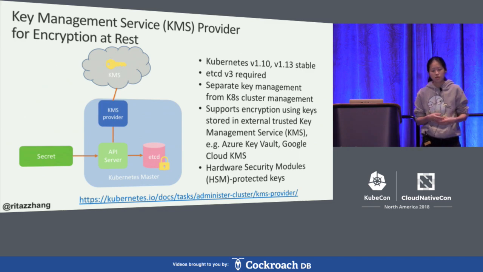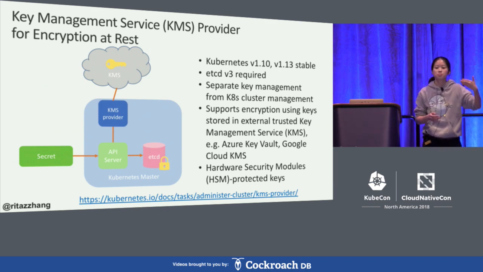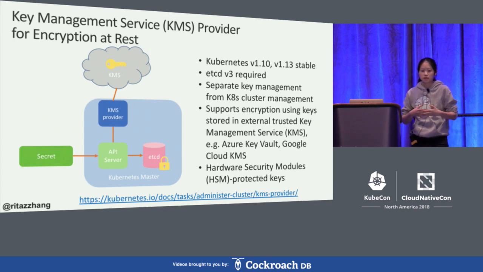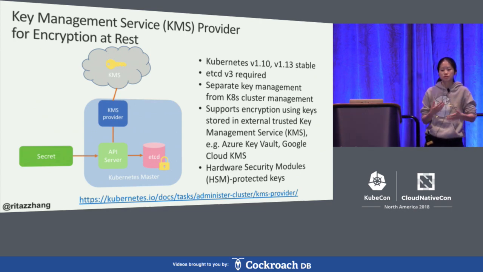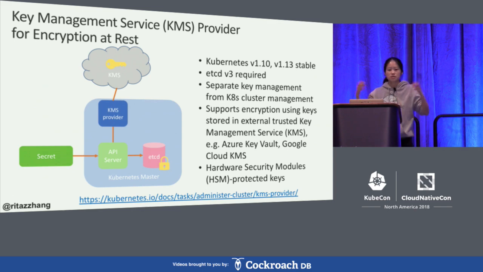So once again, when you create a secret, the API server delegates the encryption process to the KMS provider that you can deploy onto your master nodes. The KMS provider then facilitates the process to grab the key from your KMS and use it for encryption.